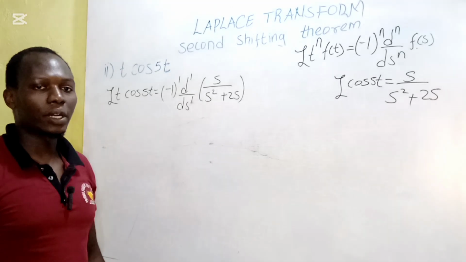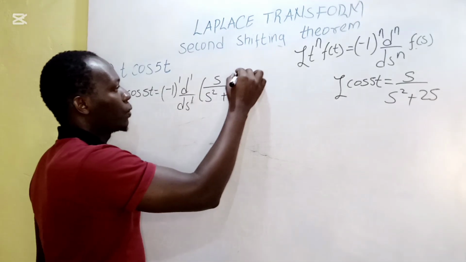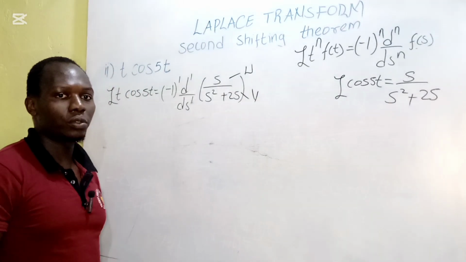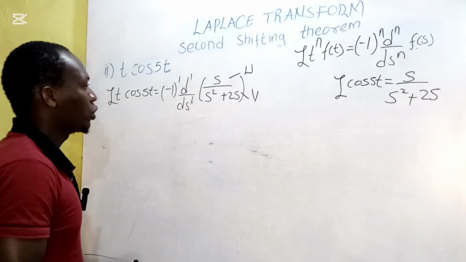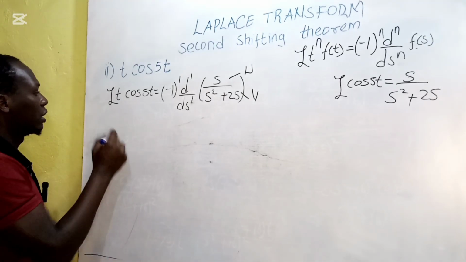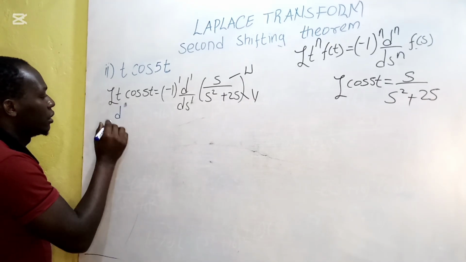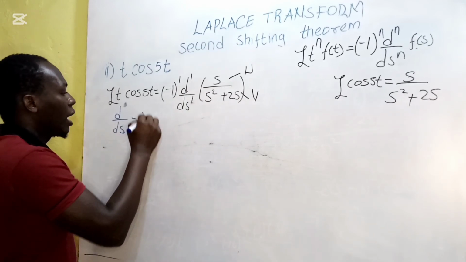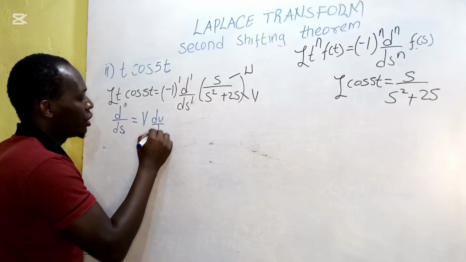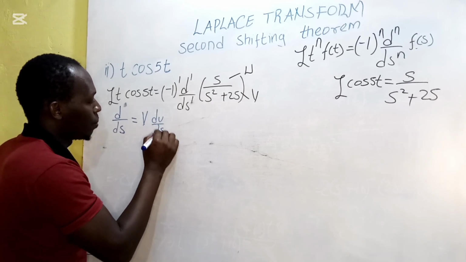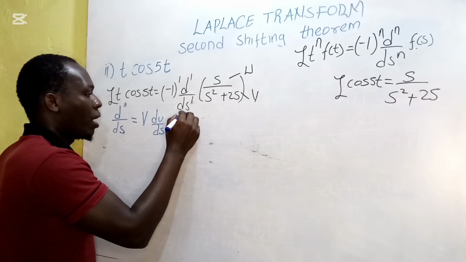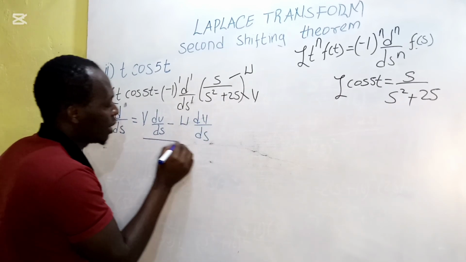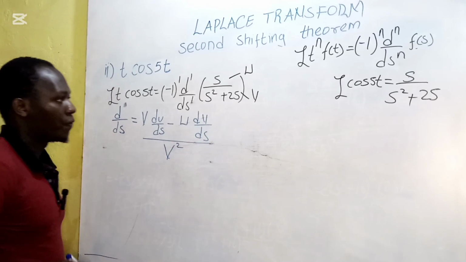Here now we are going to use the quotient rule. When it comes to the quotient rule, s will take the u, and our denominator is going to take the v. What is the quotient rule? We understand that d with respect to ds is equal to v du with respect to ds, we subtract from that u dv with respect to ds, and everything is going to be all over v squared.